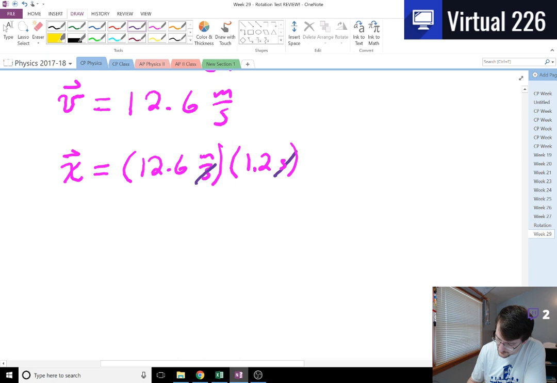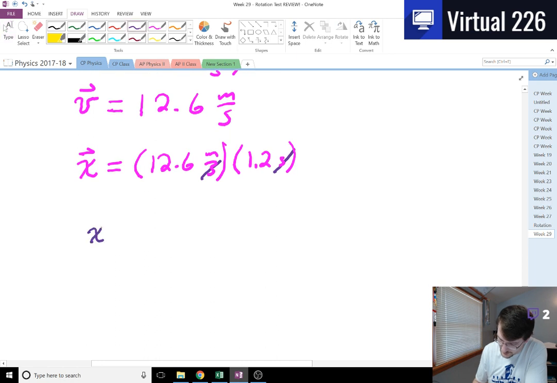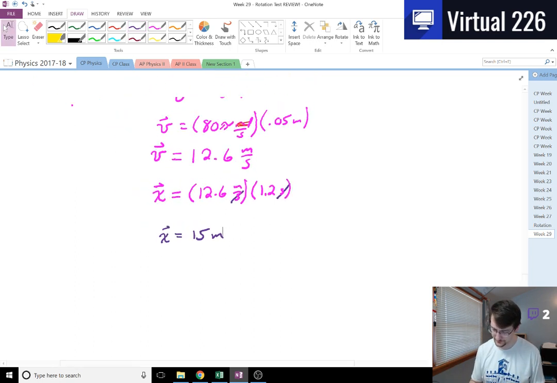We see our seconds go away, which is nice. And 12.6 times 1.2 gives us a displacement of around 15 meters, which is about 45 feet. So this ball was hit right back to the pitcher, maybe in between a little bit, maybe the third baseman's making a charge and then throws over to first, okay?